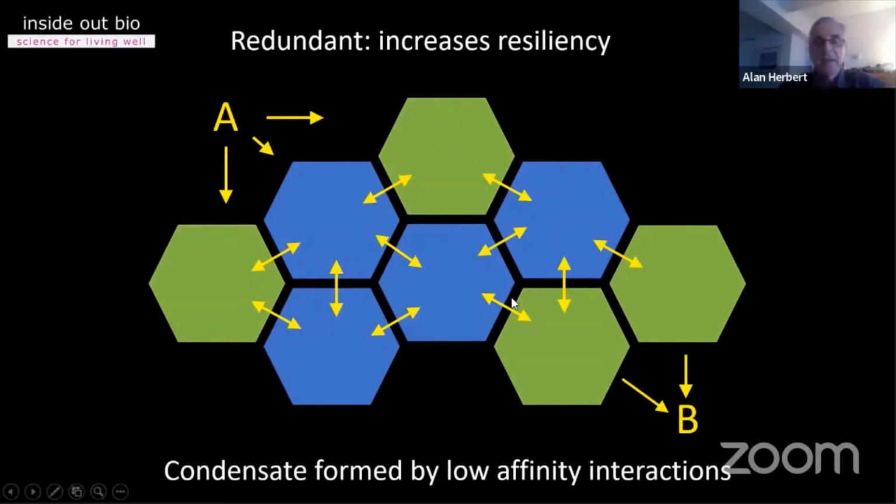For those following recent developments in how gene transcription is regulated, people are now thinking, rather than having specific transitive interactions between DNA and proteins, that you get a lot of these condensates forming, where there are a lot of low affinity interactions between cell components that contribute to A leading to production of B.